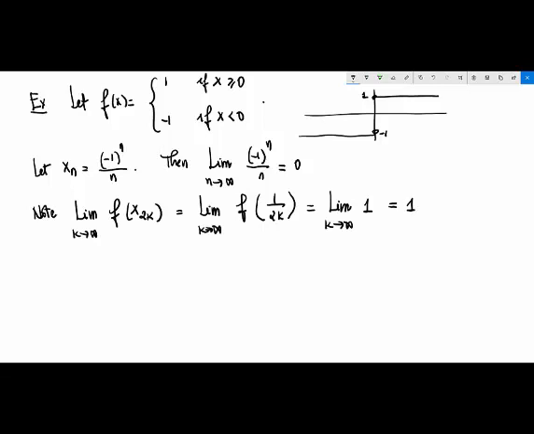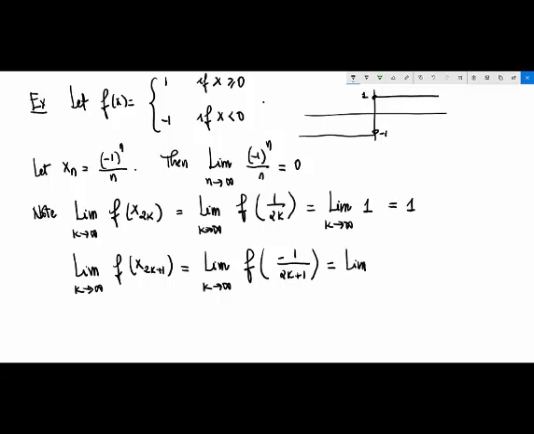Now the limit of f of x_{2k+1} as k is approaching infinity is the limit of f of -1 over 2k+1 when k is approaching infinity. And because the input is always negative, the output is -1. So this subsequence will converge to -1.